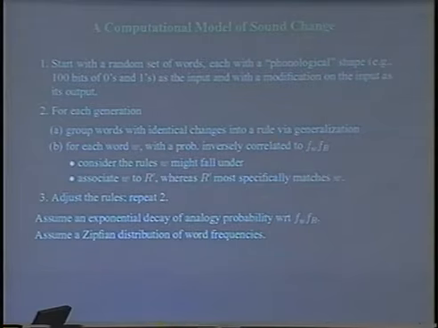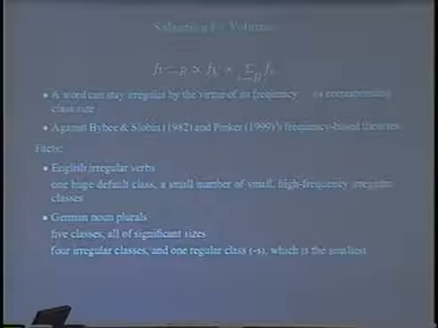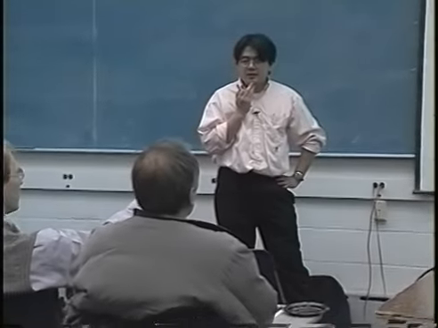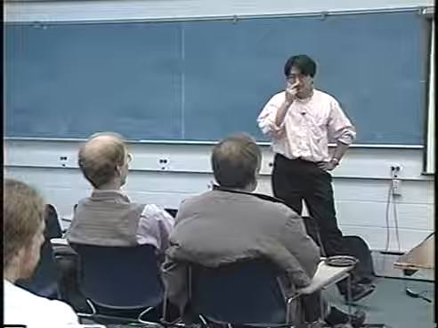So that leads to a computational model of sound change. Can you say that again? English. So let me see if I understand. So English, you've got this big default, that's frequent. But this actually doesn't say anything about the defaults. What it says is that the irregulars have to be very frequent. And what you said is English has a bunch of high frequency irregular classes.